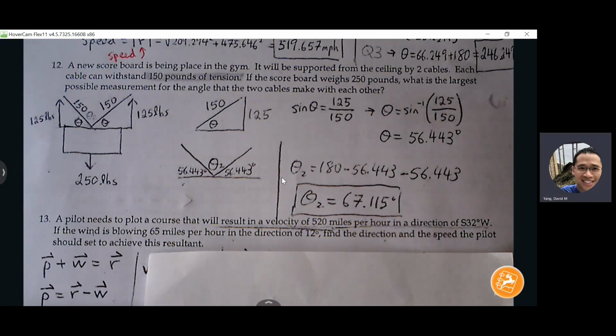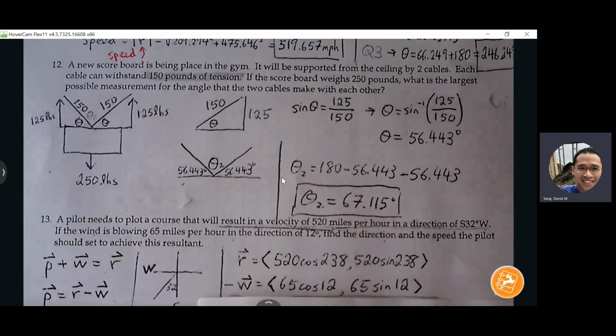Okay, so you're going to get your resultant vector in component form, get your wind vector in component form, and subtract them.